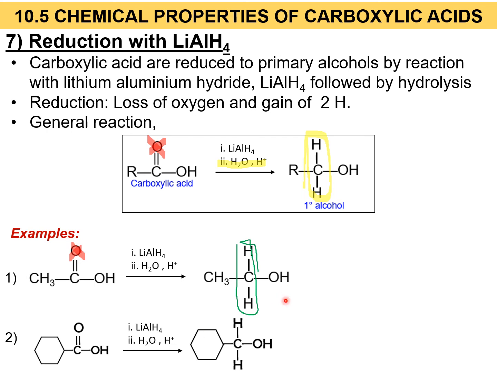That means dia akan menghasilkan alkohol. Okay, same goes to this carboxylic acid juga. Bila dia buat reduction reaction only with LiAlH4 followed by hydrolysis, dia akan remove this oxygen atom and then dia akan add 2 hydrogen atom at this carbon atom. Makanya you akan dapatlah alkohol. Okay, OH ni just remain the same saja ya.